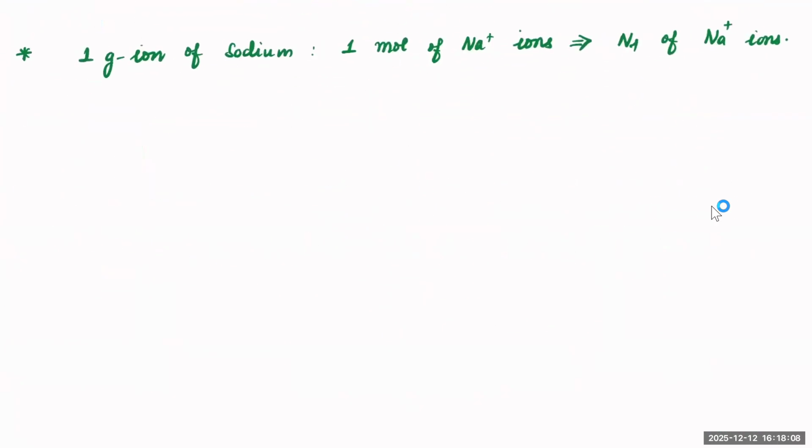The second important terminology that you will be using during the mole is atomic mass unit, also known as unified mass. The abbreviation that we will be using here is AMU, or simply u. Got it?